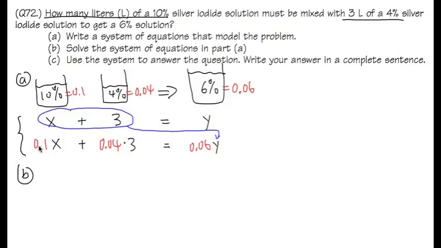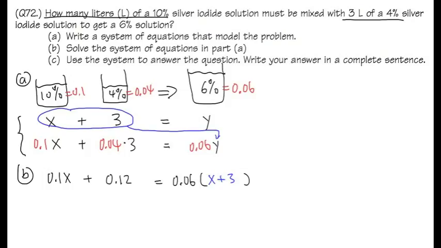So I will do that. And right here, this is going to stay the same, 0.1x plus, and this number we can multiply out, 0.04 times 3 is 0.12, and this will be 0.06, and I'll open the parentheses, and then for the Y, I'm going to put X plus 3, because that's the substitution that we know from the first equation.